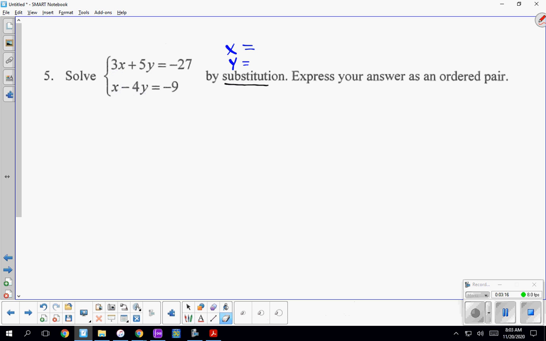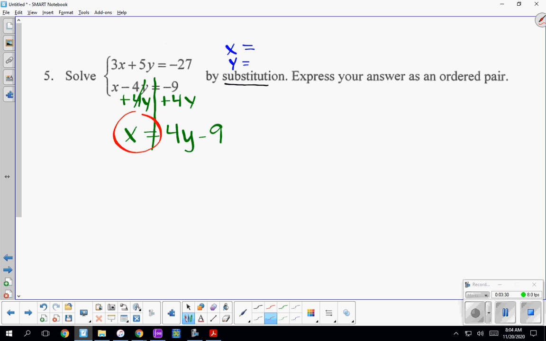If I'm trying to get x by itself, I need to get rid of this 4y. So I'm going to add 4y to both sides, and we get x equals 4y minus 9. Now it looks like x equals, and that's what we wanted. And x is equal to everything in this box. Because it's equal to x, I'm going to plug that in for x in the other equation.